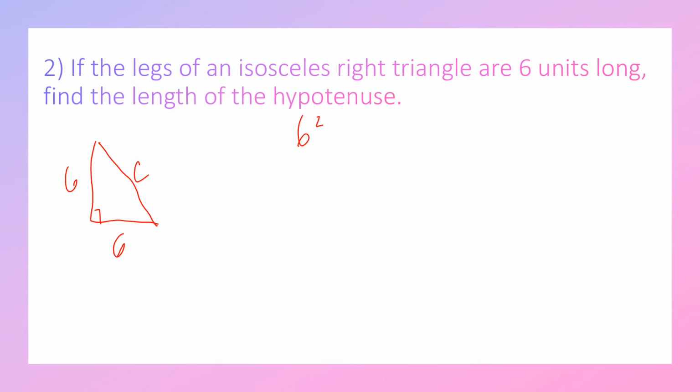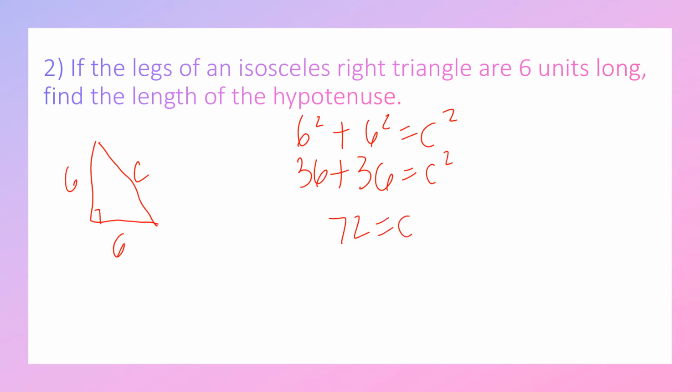So we use the Pythagorean theorem, 6 squared plus 6 squared equals c squared. 6 squared is 36, and if I add 36 and 36 together, I get 72, and then I need to take the square root of both sides. So the square root of 72 is 8.94, which is what C equals.